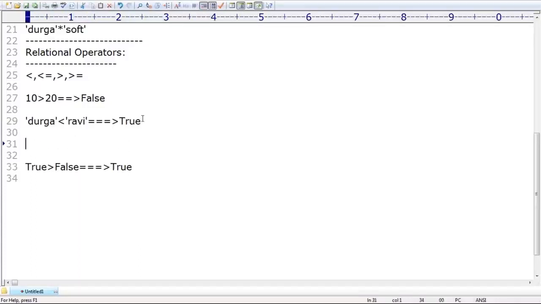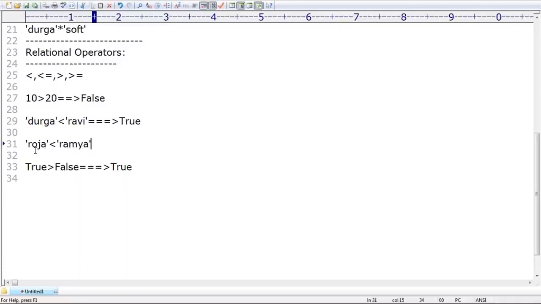Now I'm taking "Roja" less than "Ramya". What is the answer by default?